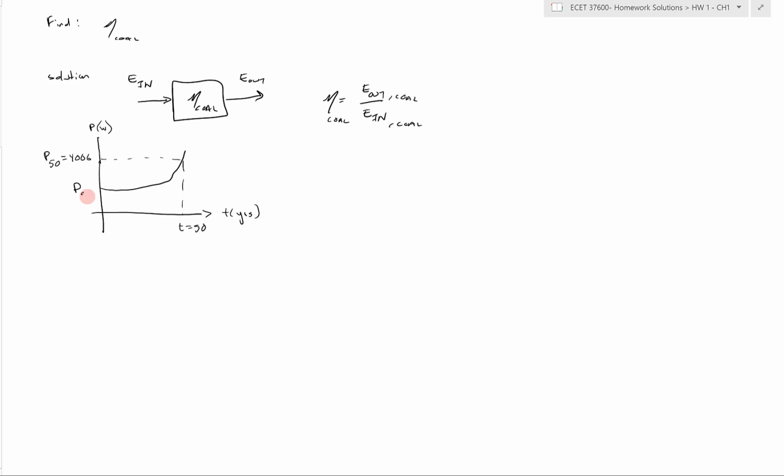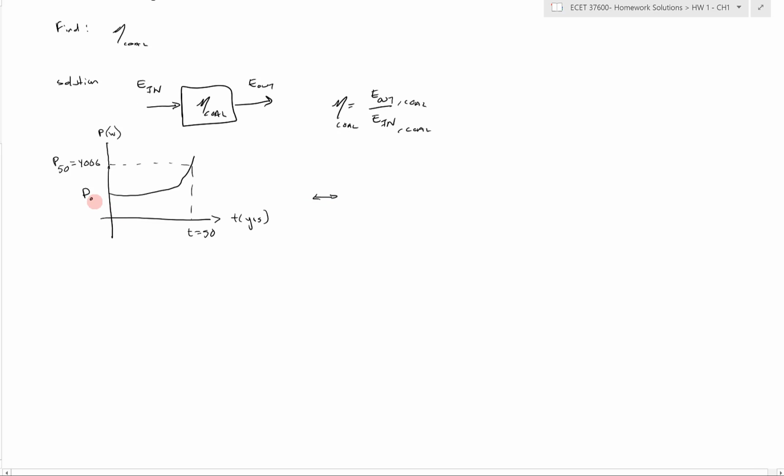We don't know what the initial demand was, so we can solve for initial demand because we need it if we're going to integrate this function.